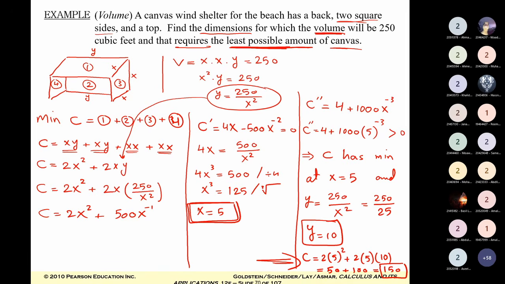Okay. Any question? Okay. At this example, we finished chapter number 3.